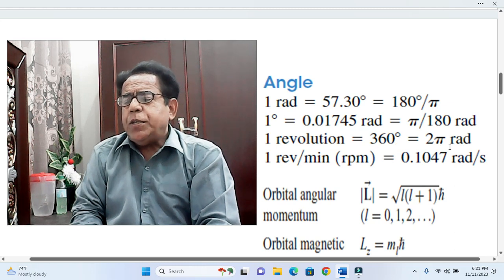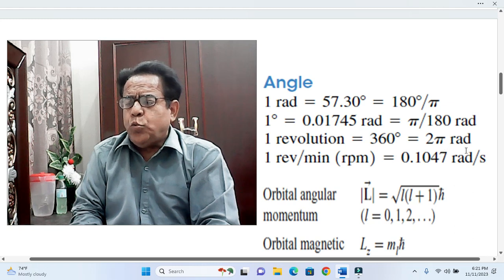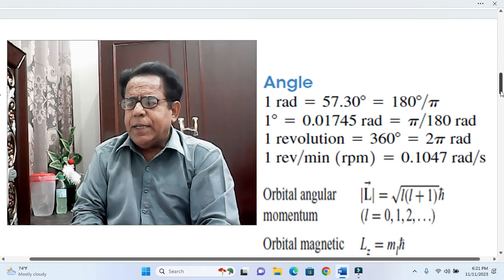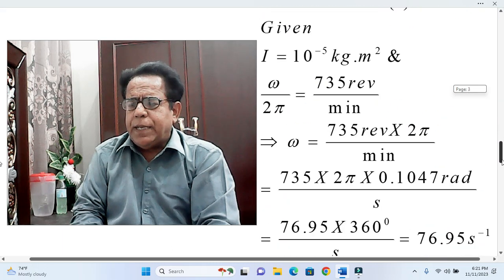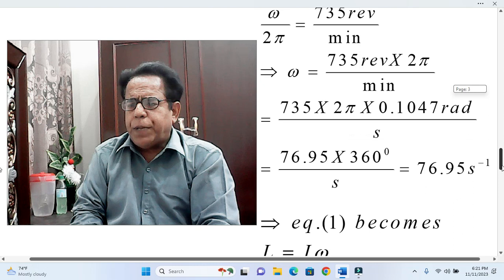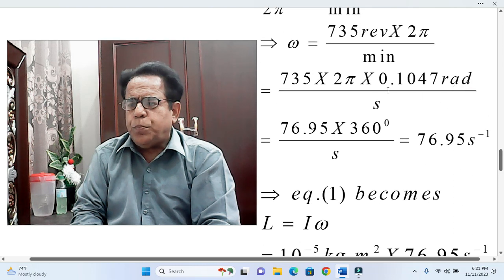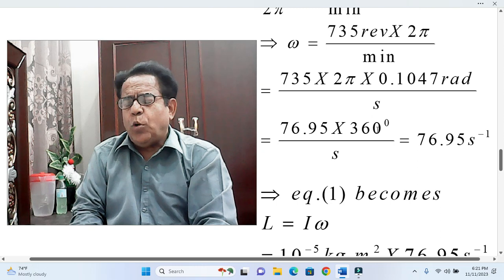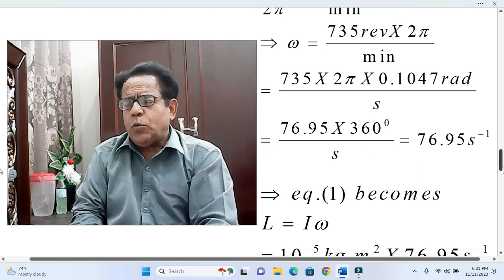So now, in place of 2 pi radian, we will not use this, we will use only 1. In place of 2 pi radian we have used 360 degree, and in place of 360 we have used 1.